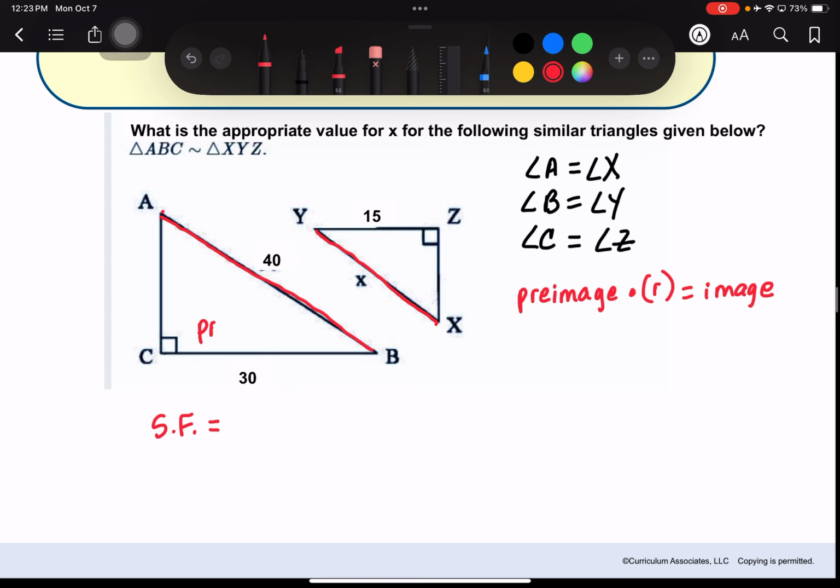So we have our pre-image here, and we're dividing it by our image. So I'm going to take the sides that I do have, which is ZY. What side is similar to ZY? CB, thank you so much.